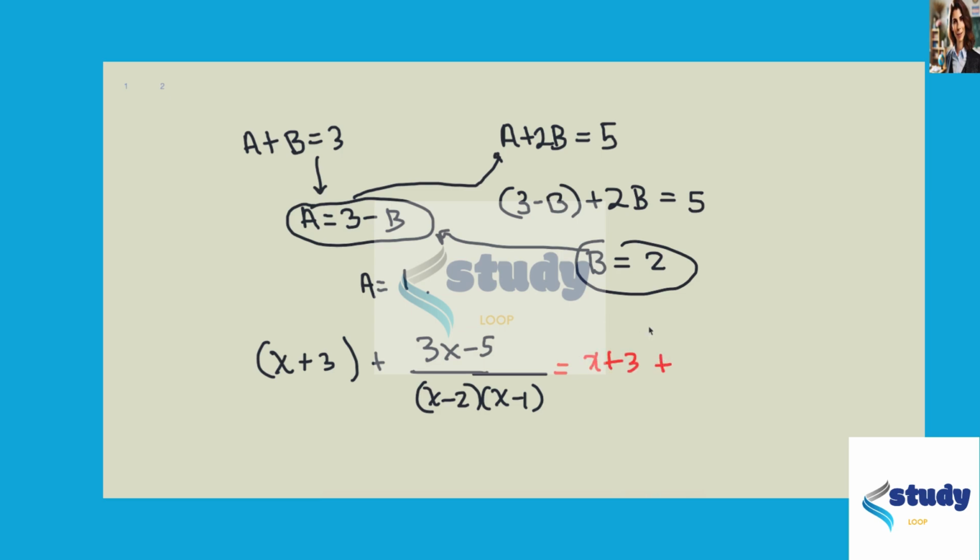And then we had a, which was 1, so it's 1 over x minus 2, plus b, which was 2 over x minus 1. So now this is the term that will integrate. I'm running out of room here. Let me go to the next page. Integral from -1 to 0 of x plus 3, 1 over x minus 2, 2 over x minus 1.